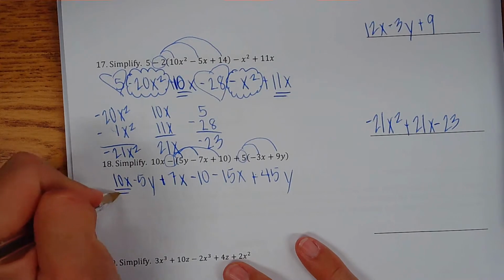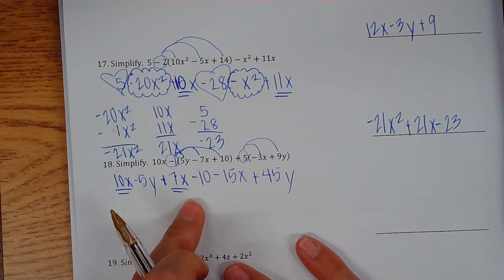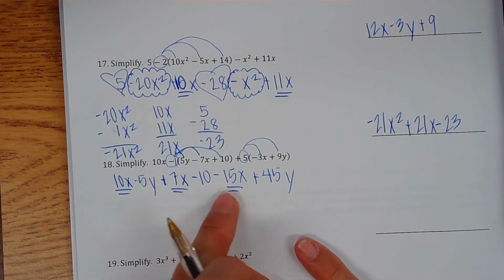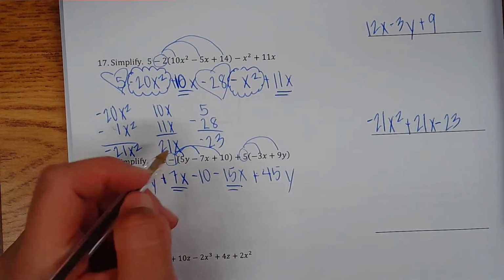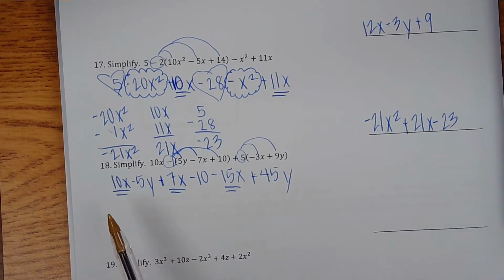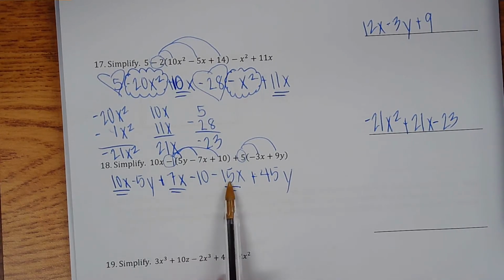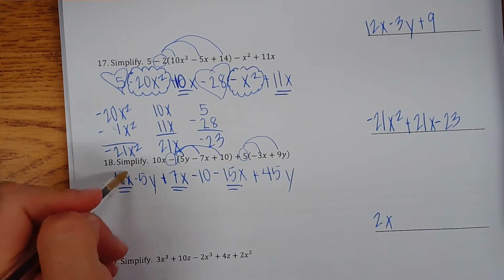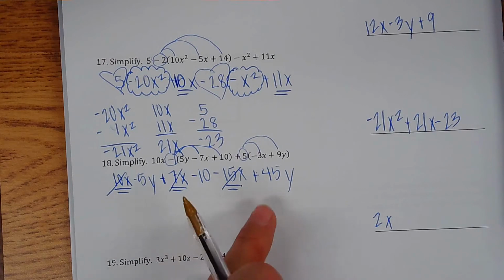I get to go on the combining like terms hunt now. So I have my 10x. Let me see if I have another x. I have a 7x, and I have a negative 15x. When I combine those, I end up with a positive 2x. I have 10 and 7, which is 17, and 17 minus 15 is a positive 2x. So I've taken care of those. The next one I'm going to look at is a y.